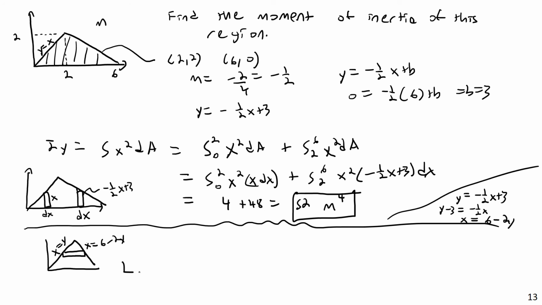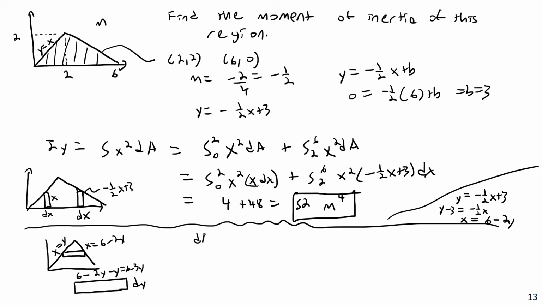Which means our differential element, our dA, for the horizontal one, and this again is one of those cases where it would be beneficial to solve using a horizontal element. I will have a dy here, and the width of this is just going to be this minus this. So, right minus left, 6 minus 2y minus y, or just 6 minus 3y.